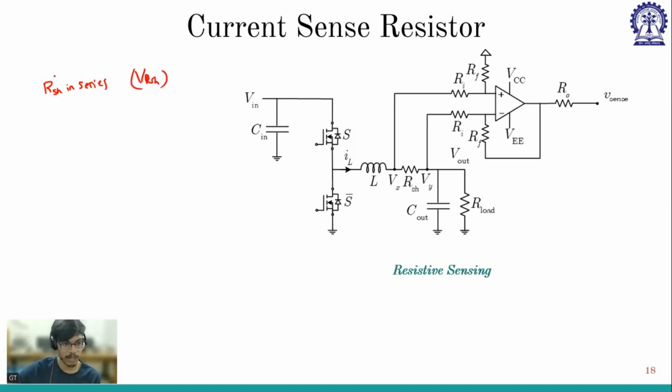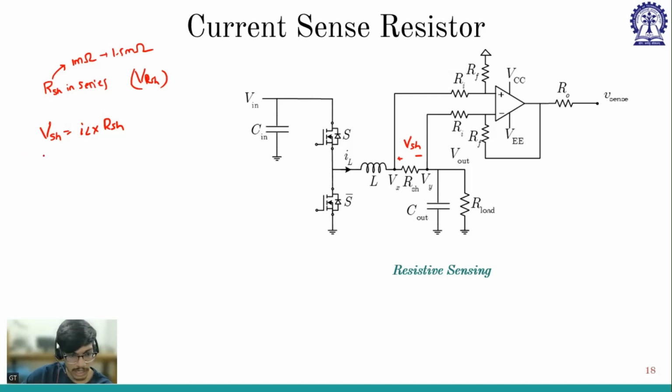Yes, it is lossy, but this RSH will be in the range of 1 milliohm to 1.5 milliohm, so it will be very small. There will be some loss, but it will not be that huge. Now say I'm naming this voltage VSH. VSH is IL into RSH. And RSH is 1 milliohm, so the gain will be very, very less.